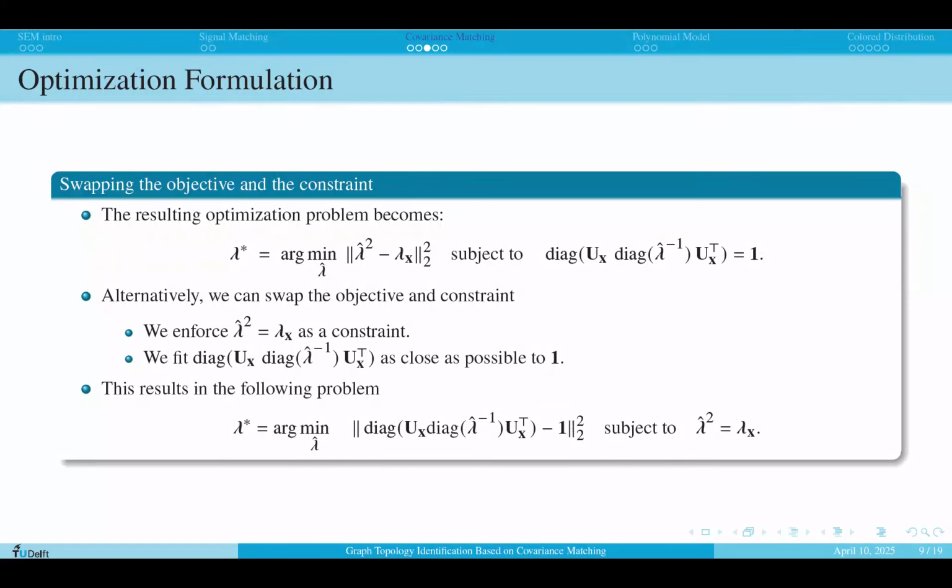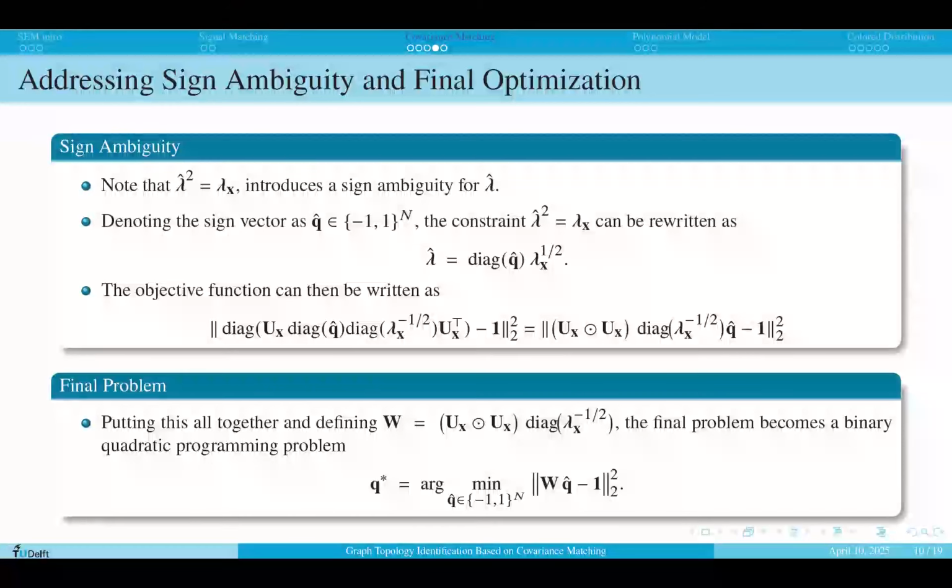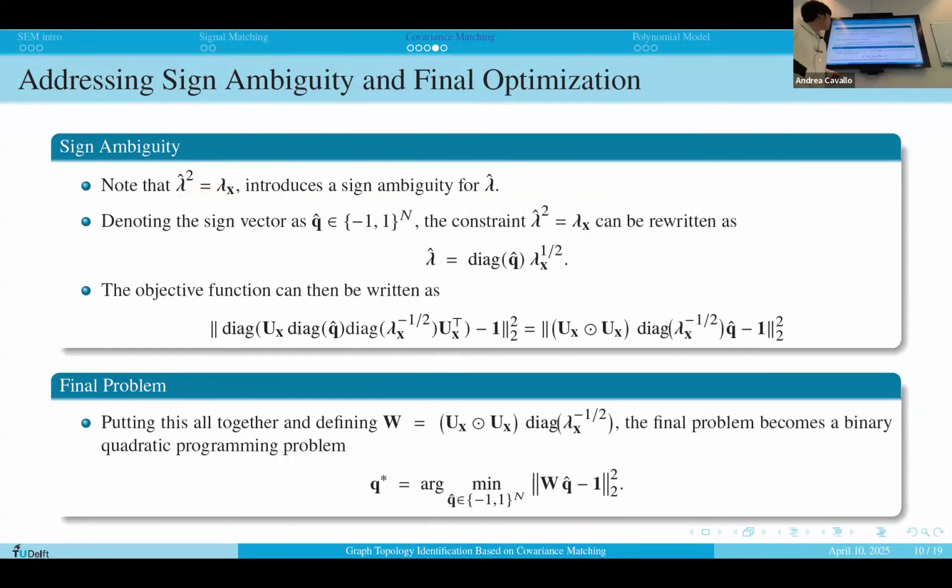So if we introduce a binary vector q to indicate the sign of the eigenvalue, the constraint is naturally satisfied, because no matter if it's -1 or 1, the square is just 1. In this way, we only have the objective we need to handle.